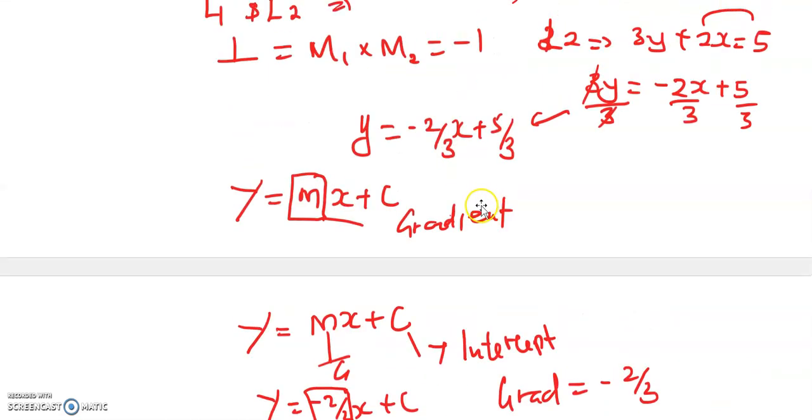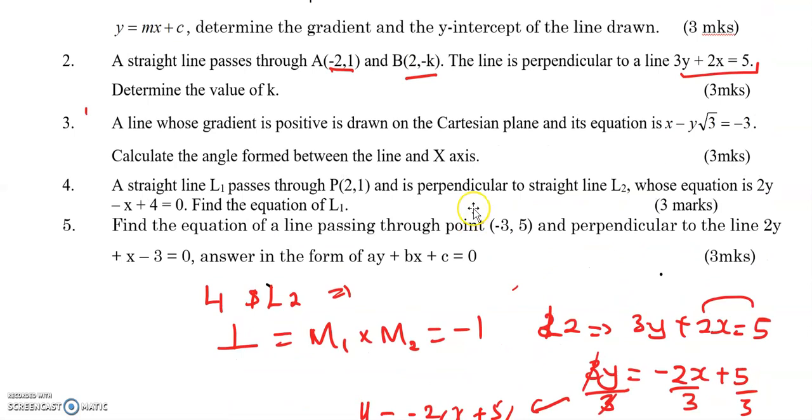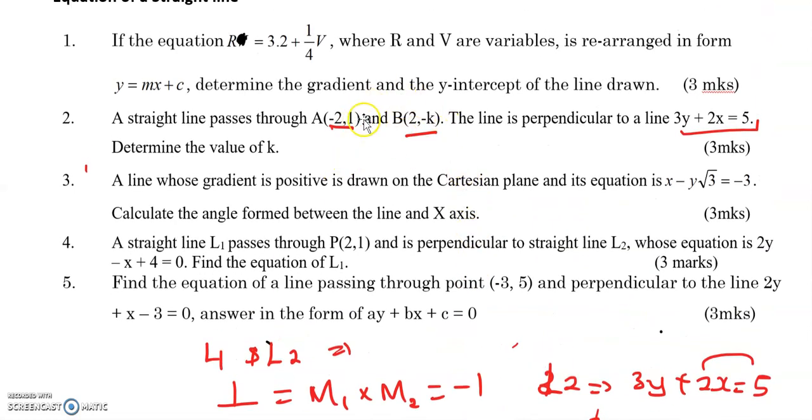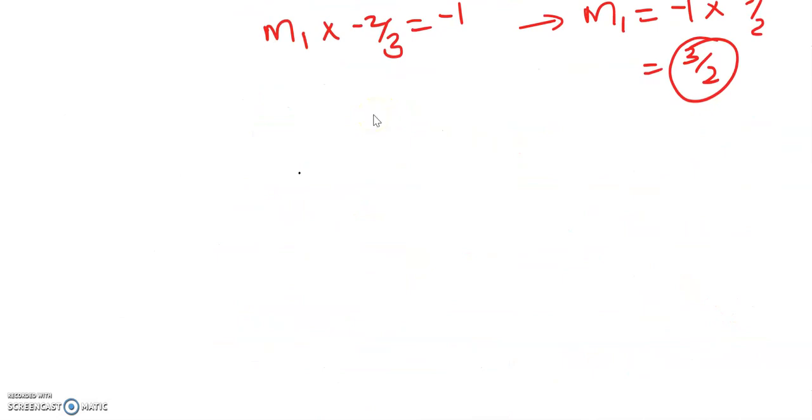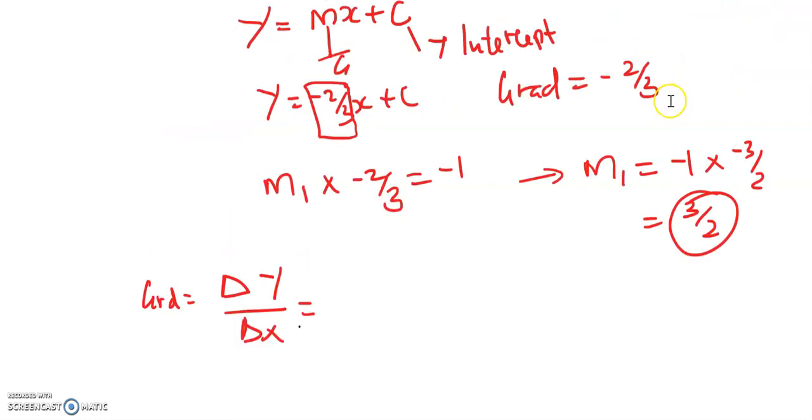Then we relate this gradient with the first line. How else do we get the gradient given the two coordinates? We know that given two coordinates, gradient is equal to change in y over change in x. So we are going to relate this gradient with this particular gradient, which is a perpendicular gradient.